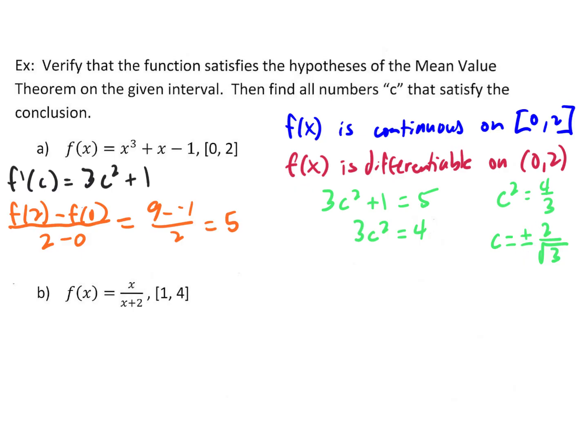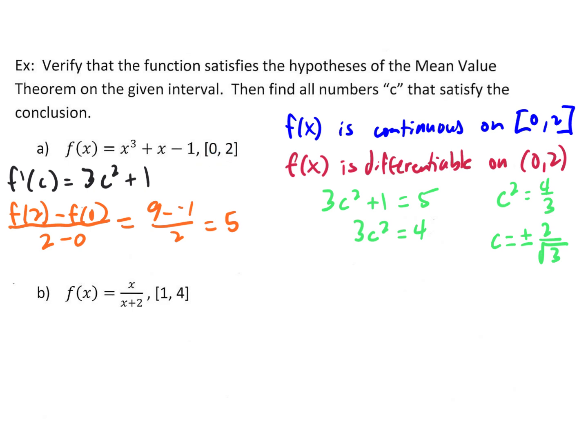Now, the thing is we have plus or minus. The thing that we have to check is, is it on this interval? All right, well, if 2 over the square root of 3 was negative, then that whole number is negative, so I know I can't have the negative. Then I have to see if 2 over the square root of 3 is in between 0 and 2.